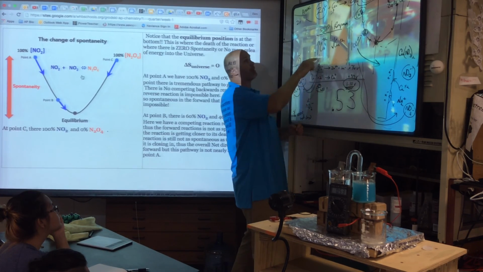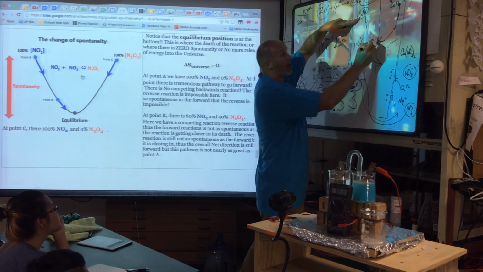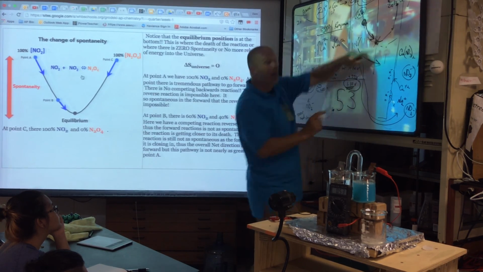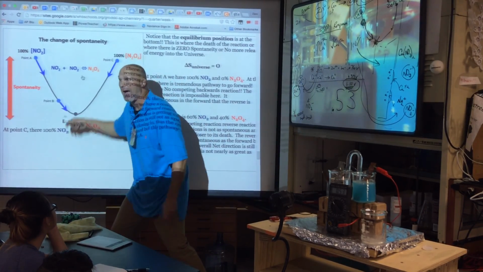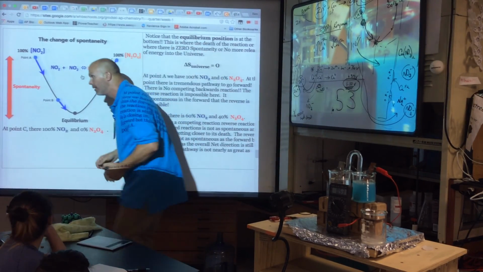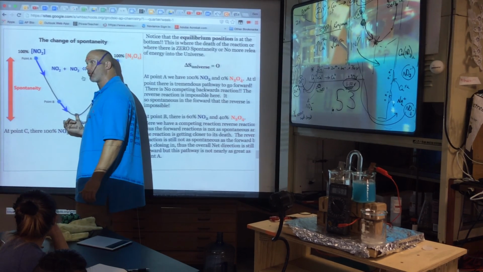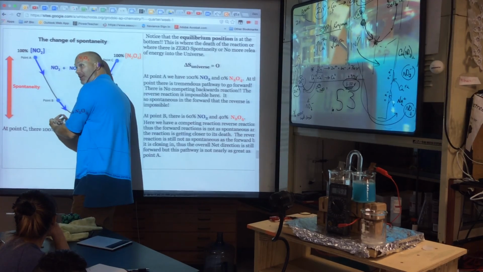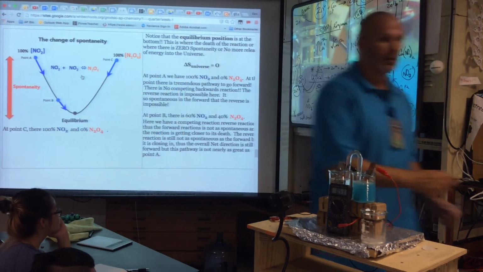But if I increase copper plus 2, I'm starting here. Aren't I moving up? And now it's going to be what? If I move out of the equilibrium position either way, it's going to go the opposite to go back. Why? What's that? It wants to move toward the death of the reaction because that's the way that you what? Disperse the energy. Okay? All right. Take out your lamp.